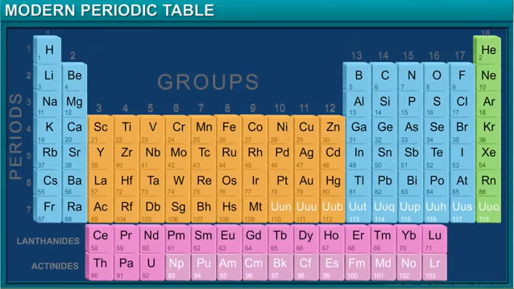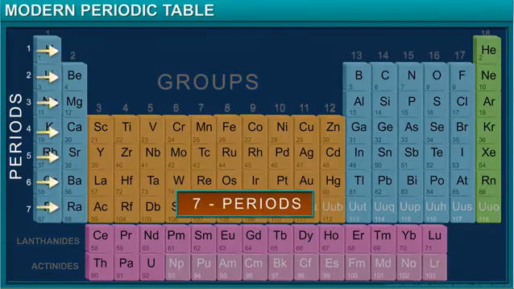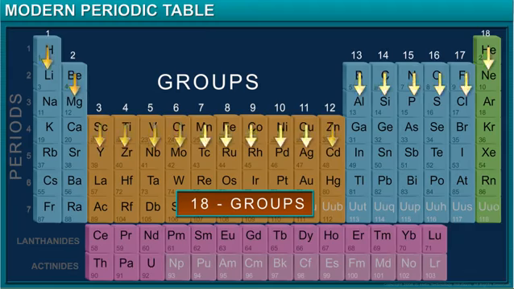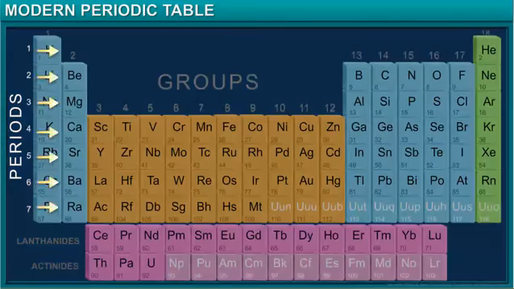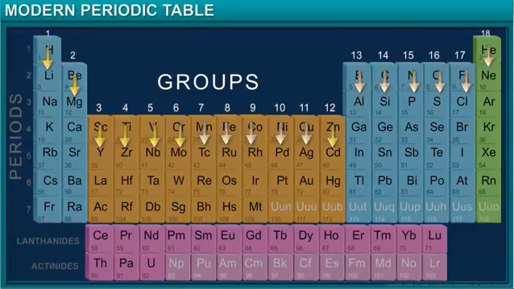Elements in the modern periodic table are arranged in 7 periods and 18 groups. You can locate an element in the periodic table by referring to the relevant period and group.